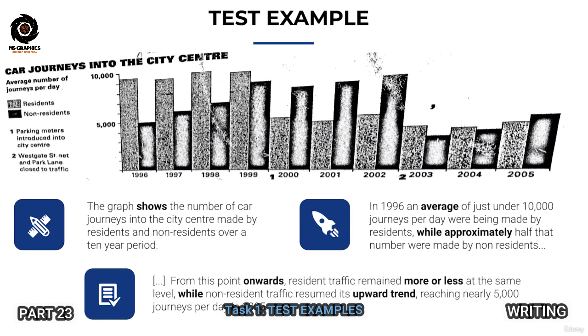And so you can make a bit of consideration, and also you can say that at this point Westgate Street and Park Lane have become pedestrianized, and this has resulted in a drastic drop in the resident traffic.